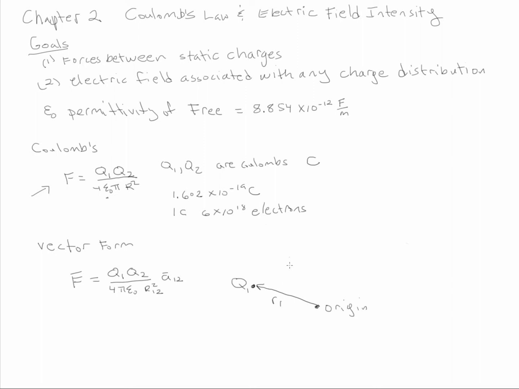And then we have another charge over here, we'll call it Q2, and it's going to have a vector going from the origin, and we'll call that R2. And then we'll have a vector representing the force that Q2 experiences from Q1, and we'll call this R12. That's that vector right there.